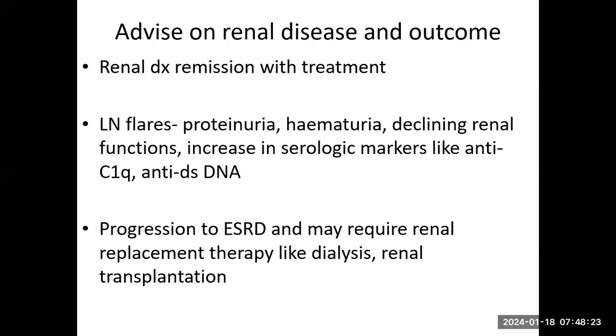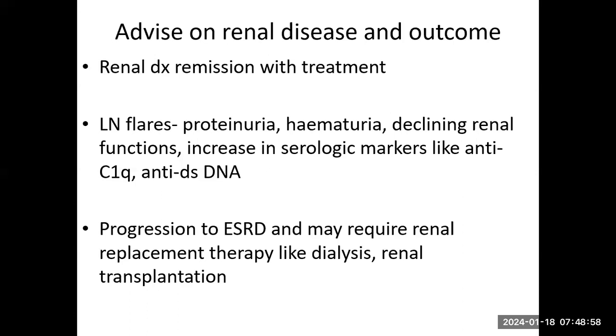How will you advise her on renal disease and prognosis? As regards the renal disease, she seems to be in an inactive disease state. I will advise her that she can have renal disease remission, an inactive disease state, with good treatment and compliance with medications.